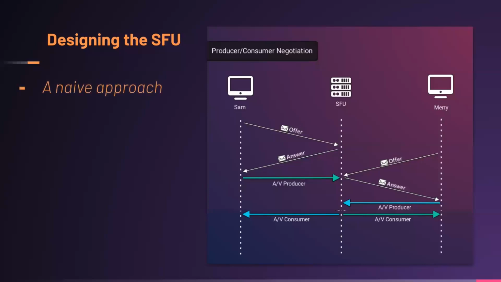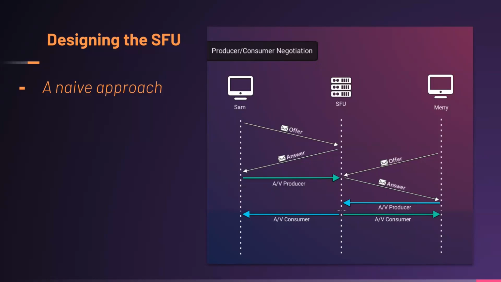So we took a really naive approach to this idea of it forwarding streams. Based on our peer-to-peer experimentation, we learned how WebRTC connections can be established, what that negotiation process looks like. It's a little bit different with a server compared to a peer-to-peer framework, though.